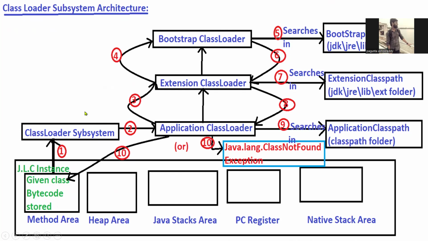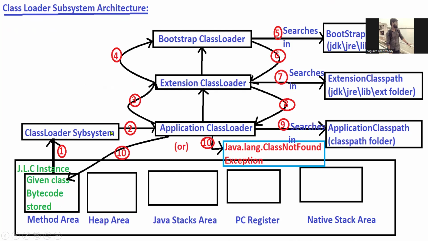In the background, we have three types of class loader: the application class loader, the extension class loader, and the bootstrap class loader. If the bytecode is not available in the method area, the JVM sends a request to the class loader subsystem to load that .class file.